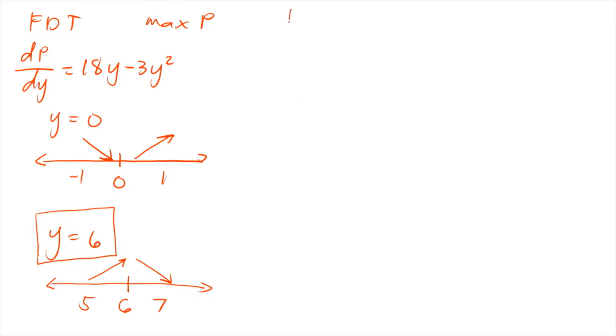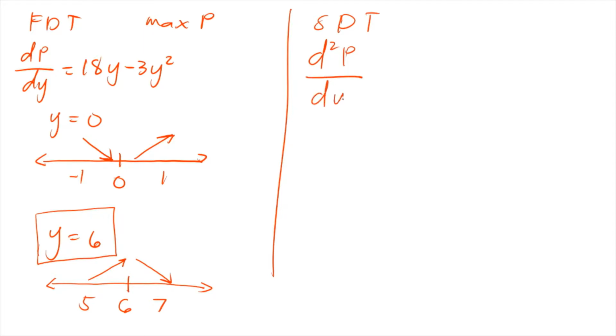We can also use the second derivative test. What we need here is the second derivative. So the second derivative of p with respect to y equals 18 minus 6y.